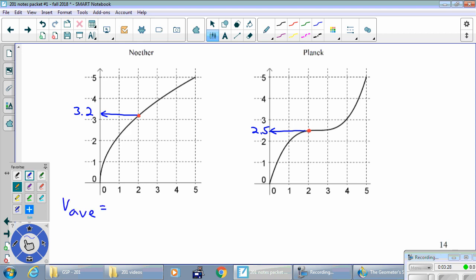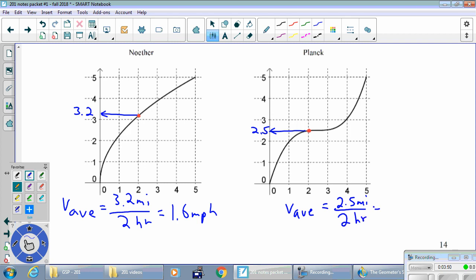So average velocity here, 3.2 miles over the course of 2 hours. So 1.6 miles per hour. That's the fastest average velocity we've seen in the first 2 hours. And then here, in this case, about 2.5 miles in 2 hours, or 1.25 miles per hour.